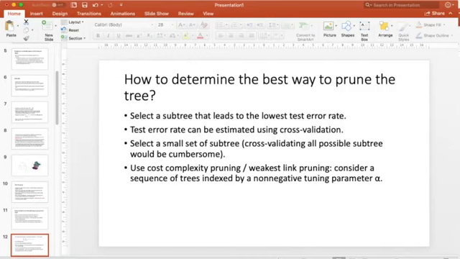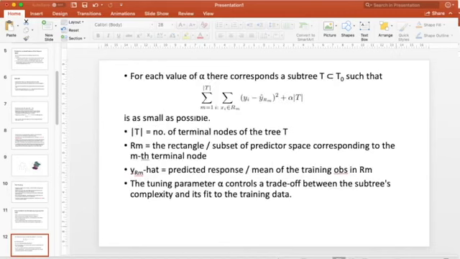For each value of alpha, there corresponds a subtree T, which is a subset of T naught. Remember that T naught is the very large tree that we grew. T is a subset of T naught, such that this is the sum of squares of y minus y hat Rm.